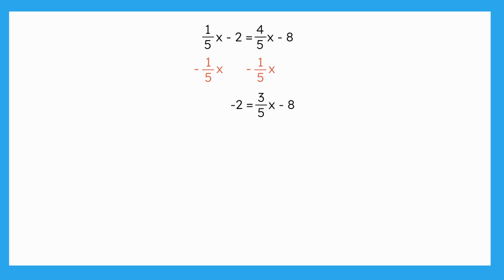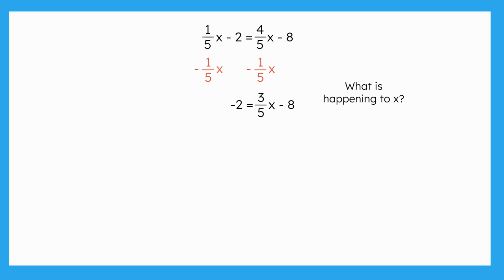Since we have just one variable term, we can work on isolating the variable to find the solution to this equation. The fractional coefficient doesn't change how we finish solving this equation. We are still just trying to isolate the variable. So, what's happening to x?